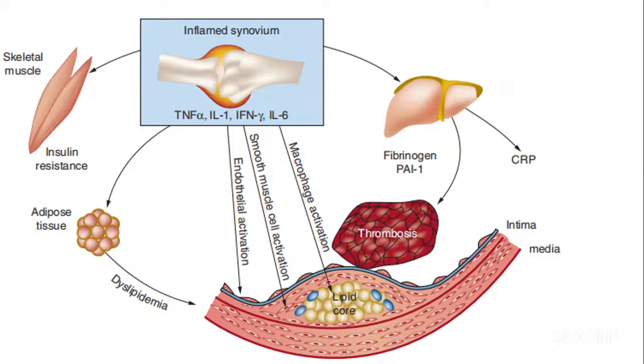And these kinds of cytokines, apart from working on the endothelial cell, they also work on the smooth muscle and the adipose tissue, leading to other problems, insulin resistance, dyslipidemia, apart from the traditional presence of problems with lipid, maybe obesity, and also work on the liver to produce all these thrombotic materials. So further worsening the atherosclerosis and obstruction you have in patients with rheumatoid arthritis.